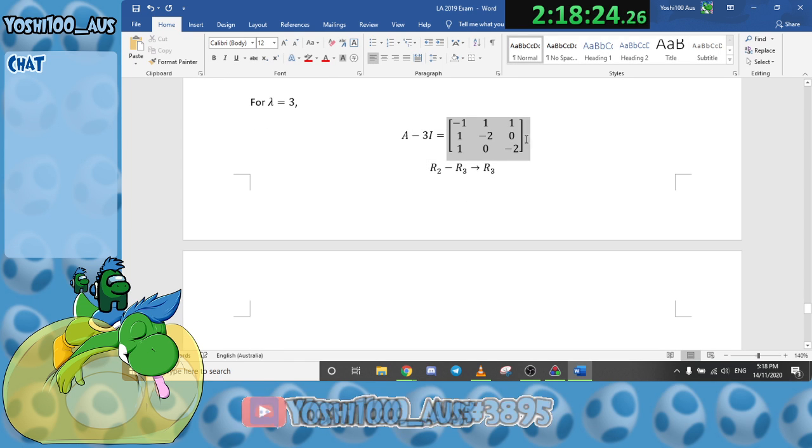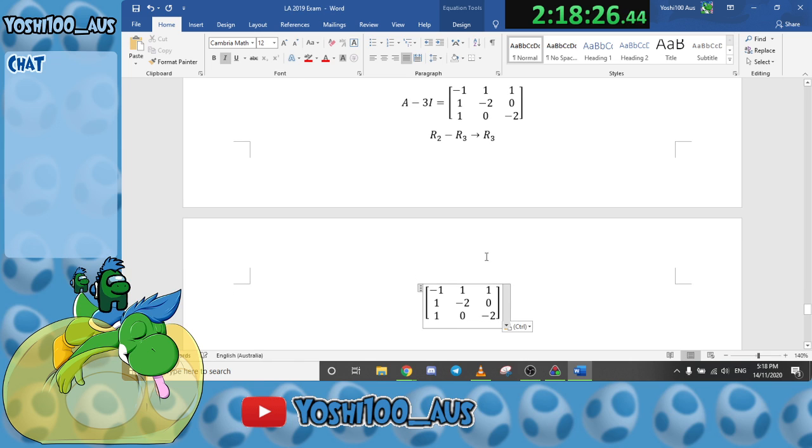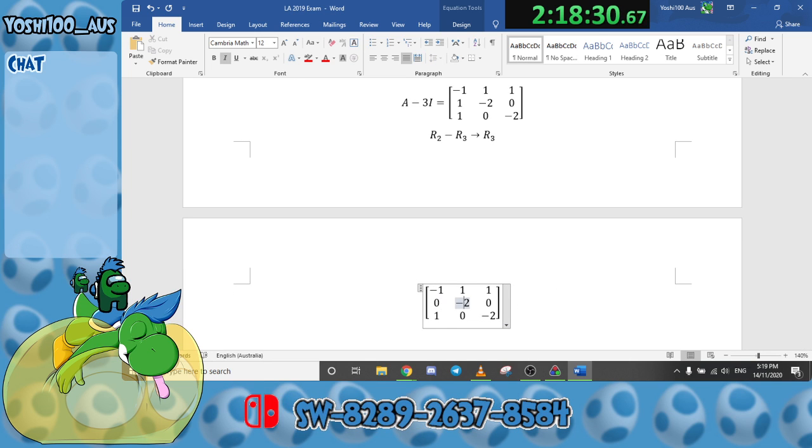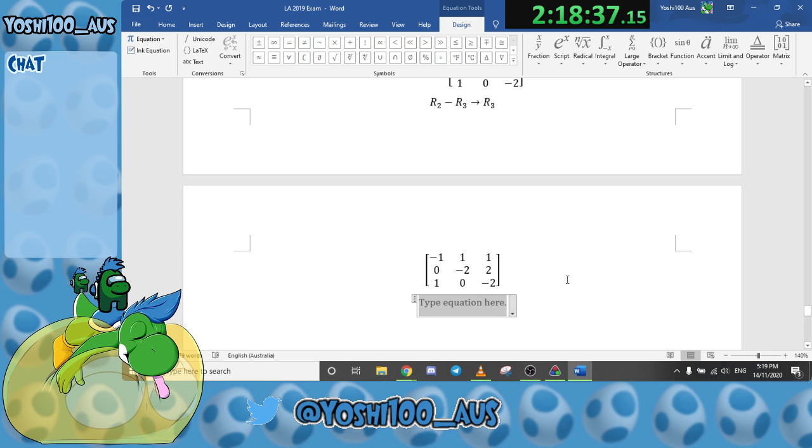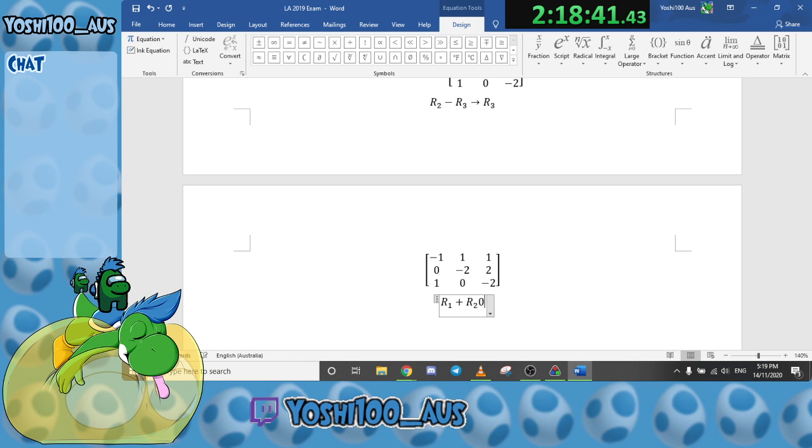We're going to copy this matrix over. So that's 0, -2, and 2. Yeah? Then you get R1 plus R2 becomes R2. R3, sorry. I don't know why I get these numbers mixed up so much.